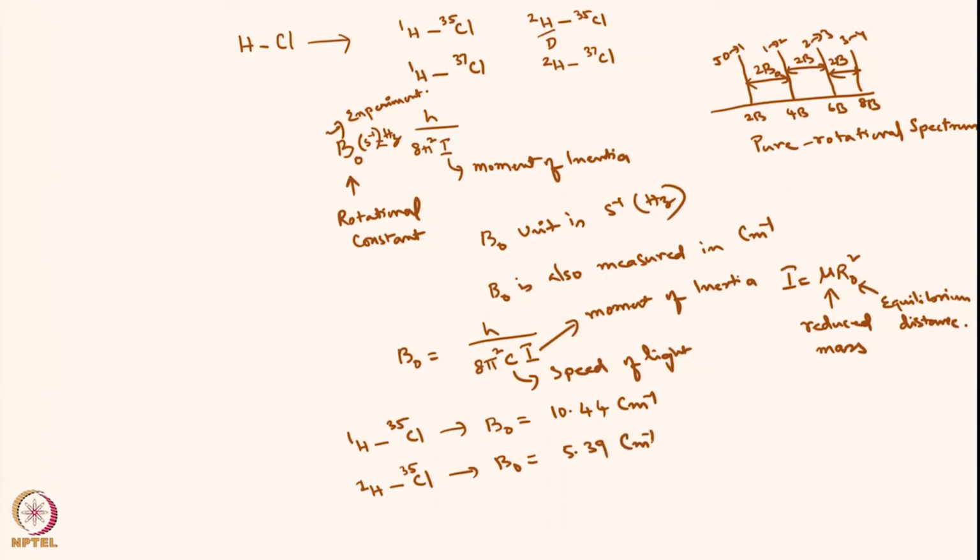So you see, when I substitute the hydrogen with deuterium, there is a drastic change in the value of B naught. This is what I call the isotope effect.